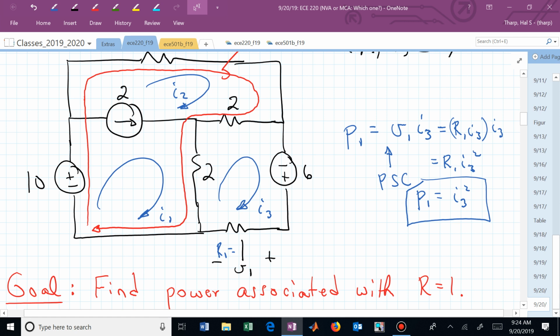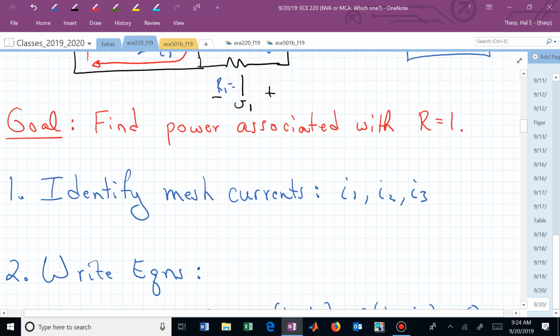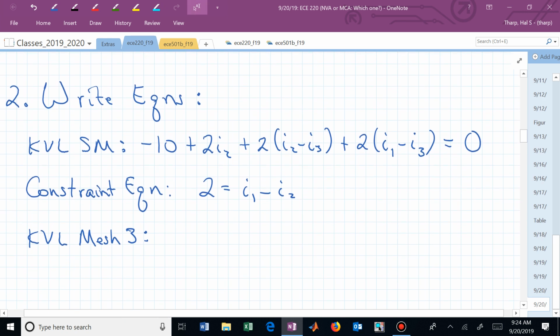minus 6, and then we can't forget that horizontal resistor at the very bottom. We have a drop there as well before we get back to where we started, and that's 1 times I sub 3. That KVL for mesh 3 then says that we have 2 times I sub 3 minus I sub 1, that was going up through the vertical 2 ohm resistor.